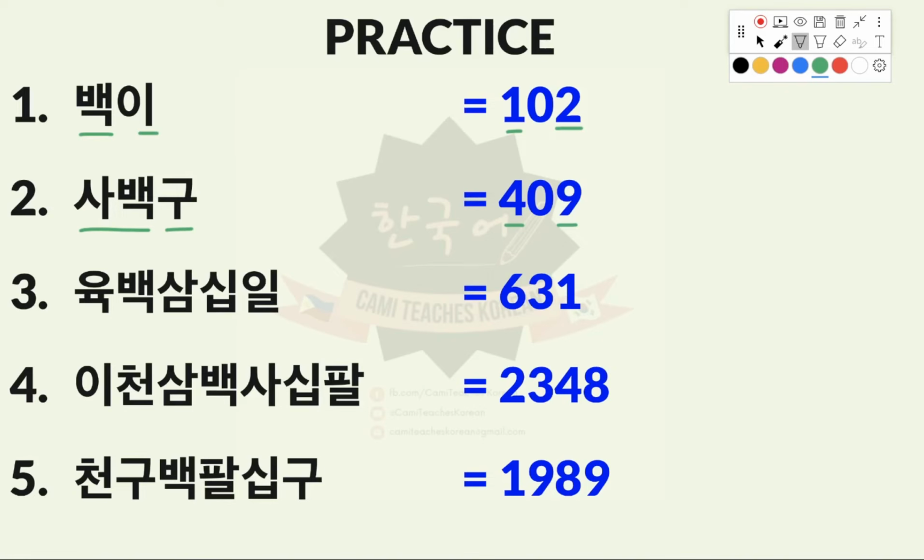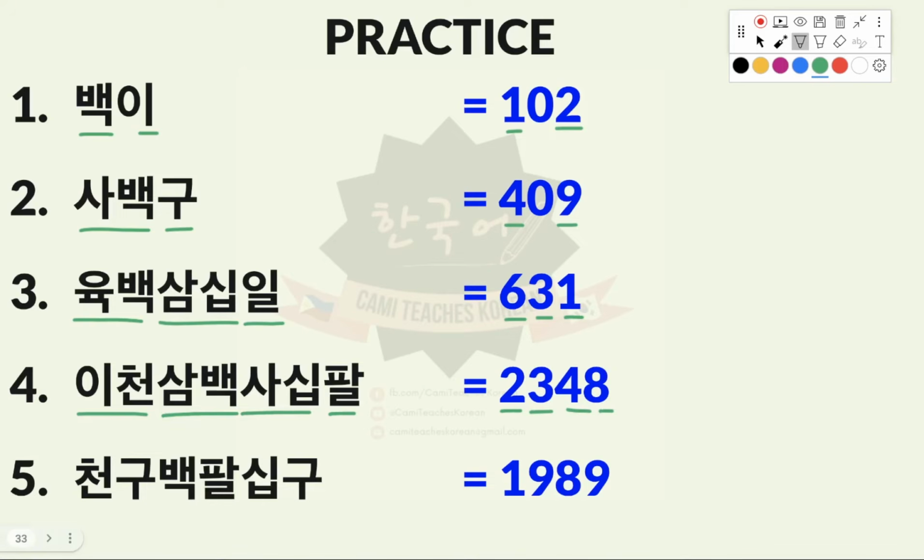Next, number 3, 631. 600 for the 600. 30 for 30. 1. 631. Next for 2348. 2000, 300, 40, 48. 8.